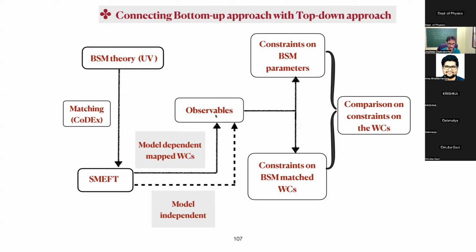Sometimes you have to be careful, because when you calculate the chi-square or perform the goodness-of-fit test, you have to be sure what the actual degrees of freedom are. I'm stressing this because, specifically in the top-down approach, a lot of parameters are floating inside your observables to which the observables are not sensitive.